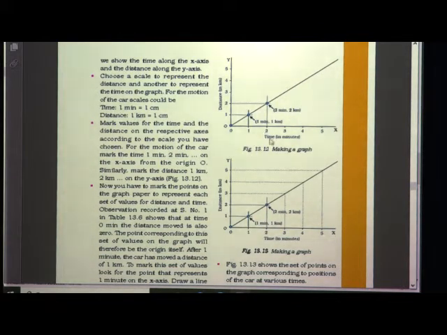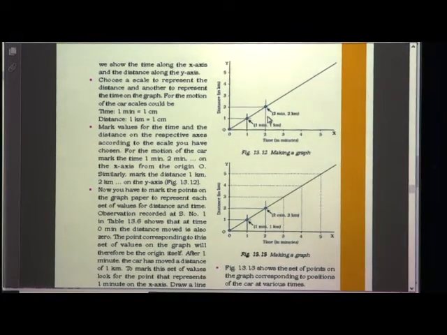So, let us continue. Mark values for the time and the distance on the respective axes. According to the scale you have chosen, for the motion of the car, mark the time 1 minute, 2 minutes on the axis. Here we saw that 1, 2, 3, 4, 5 minutes are already marked on the x axis.